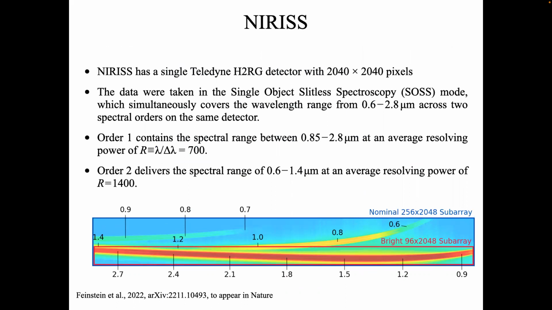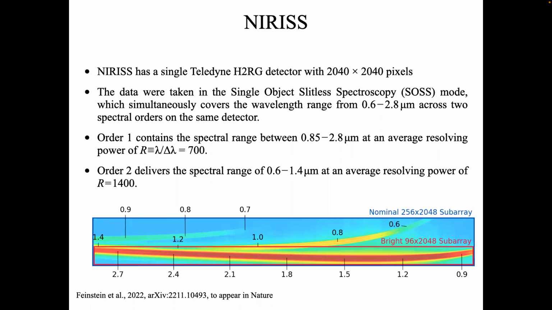The data covers this wavelength range across two spectral orders on the same detector. So on the detector, you see this picture. The first order contains the spectral range between 0.8 and 2.8, and order 2 contains the spectral range from 0.6 to 1.